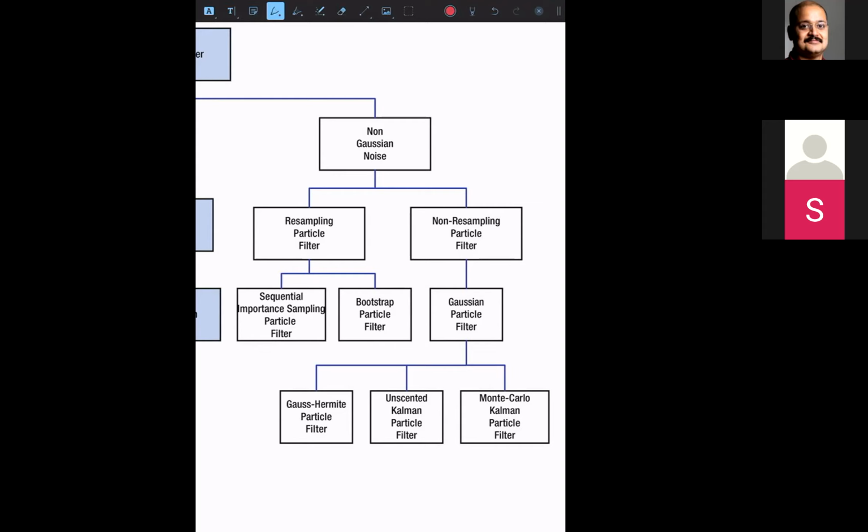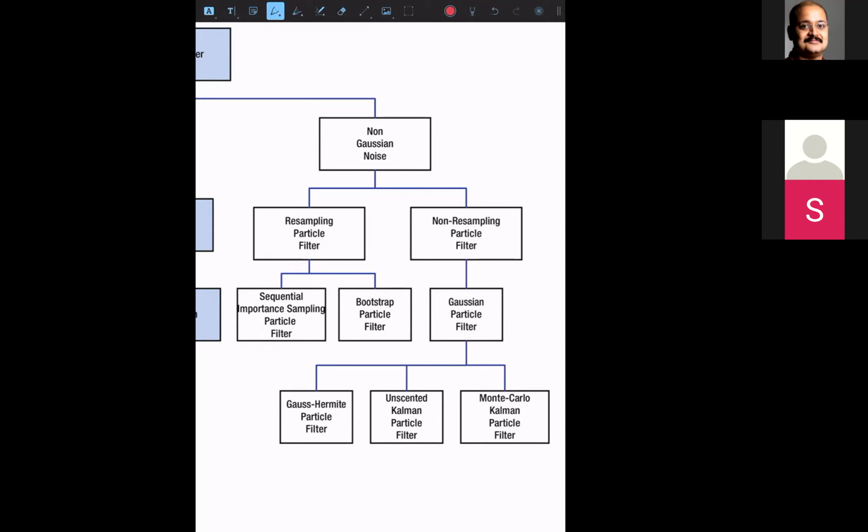Particle filters used to be computationally very time consuming. That's why they were mostly of theoretical interest. But in the last 10 years or so, since a lot of computational power became available at very cheap cost, filters like particle filters, resampling, non-sampling, sequential, bootstrap, Gaussian, all those particle filters are implemented for real life application.